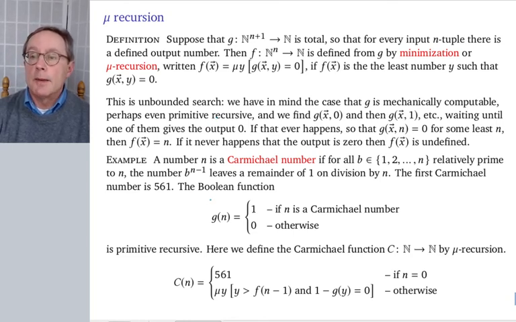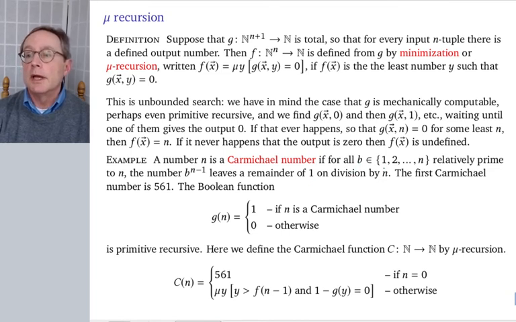And an example says more than any number of definitions. So a number n is called a Carmichael number if, for all b's between 1 and n, relatively prime to n, the number b to the n minus 1 leaves a remainder of 1 on division by n. And it's important for number theory purposes, but for our purposes, we just want an example of something that you can compute.